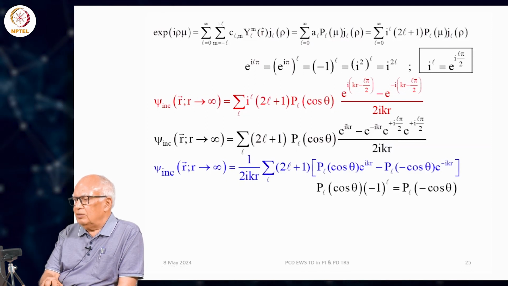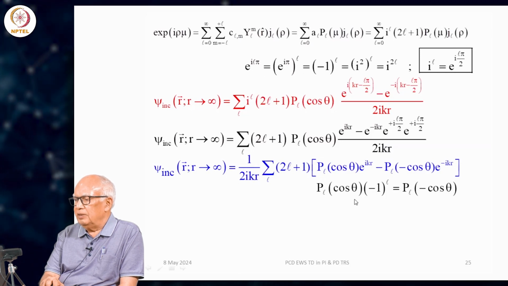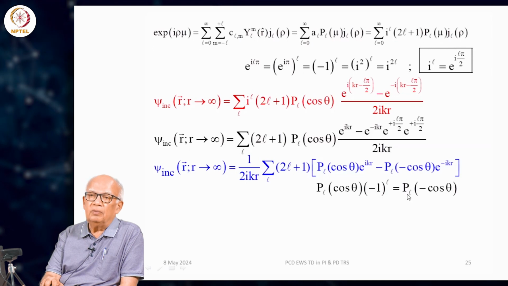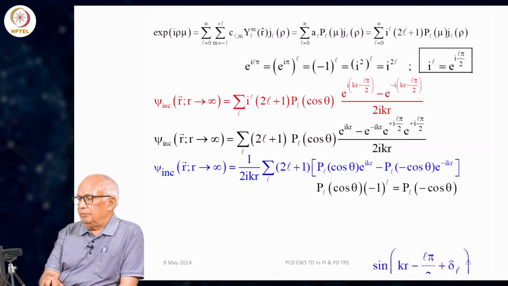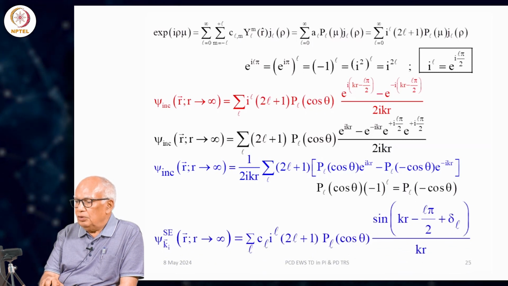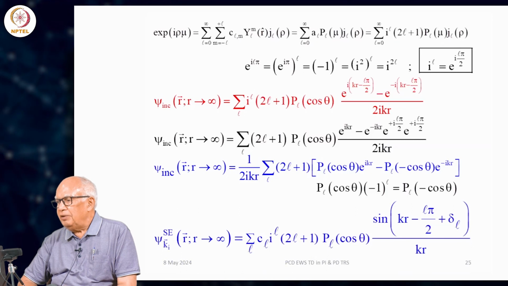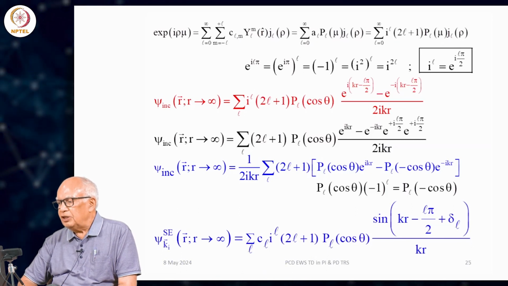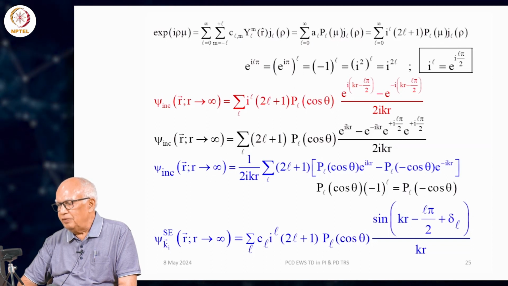And then I also take advantage that the Legendre polynomials multiplied by minus 1 to the power L gives you the Legendre polynomial for an argument whose sign is reversed. We are going to use these properties, and in the asymptotic region we take the form of the Bessel function which is appropriate to r tending to infinity.